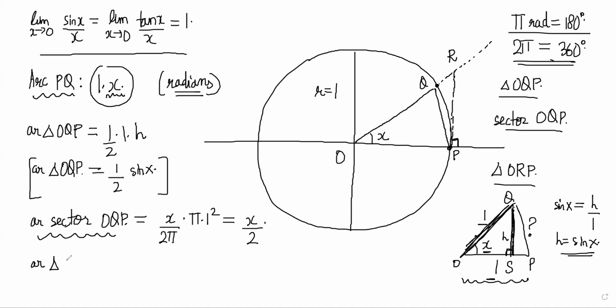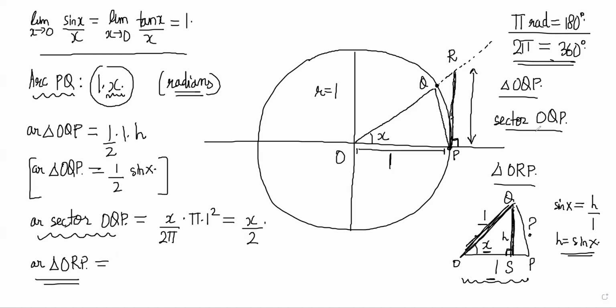Similarly, area of triangle ORP. Now think of the triangle ORP. That is a right angle triangle, as you can see, right? Yes, sir. So we just need this height, right? We already know this much is 1.